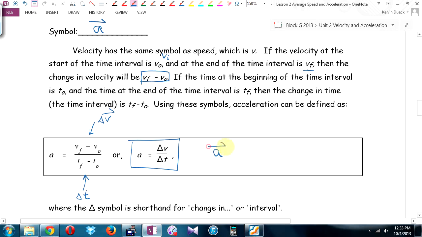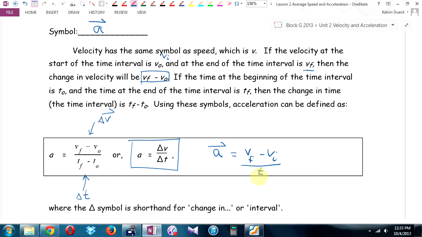This is what you can write down next to here, and I'm pretty sure this is what it'll say on your sheet. It probably says VF minus VI over T. Is that what it says on your formula sheet? It does, you just don't realize it. I rearranged it into a different form. We'll talk about that. Okay.